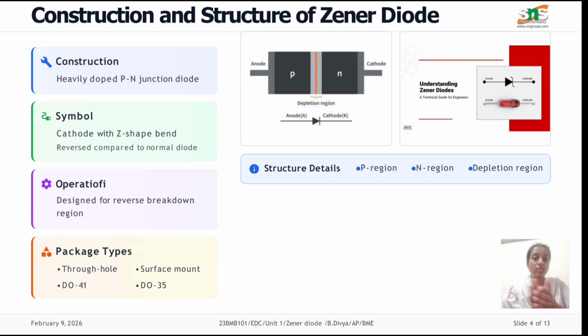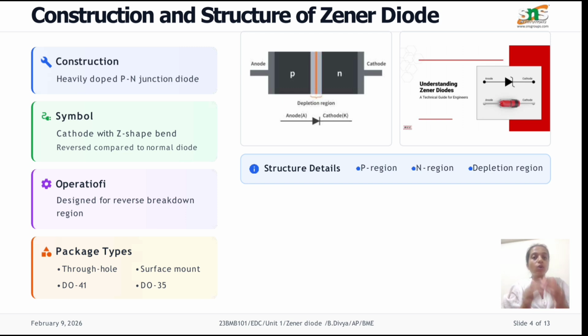In this Zener diode, we have two types of breakdowns called avalanche breakdown and Zener breakdown. Okay, fine. In further discussion we will know more about the avalanche and Zener breakdowns. Now we will see about the symbol.